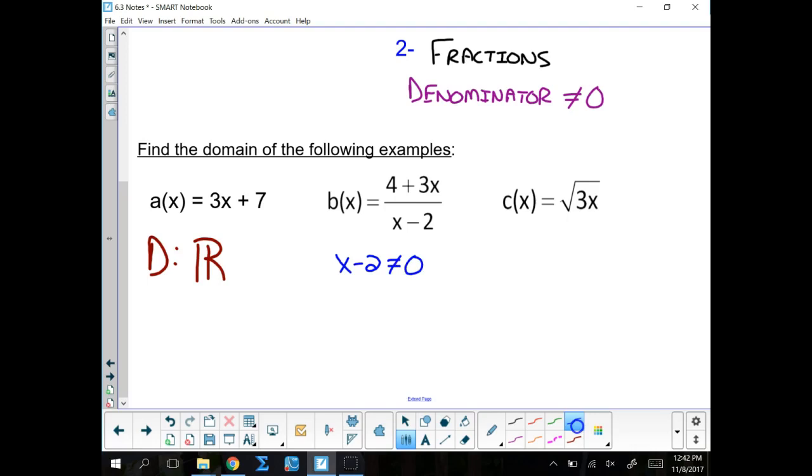So x can't be 2. So the domain of this function is all real numbers, but x cannot be 2. It can be any other number that you think of, Mace. But if that number is 2, not going to happen.